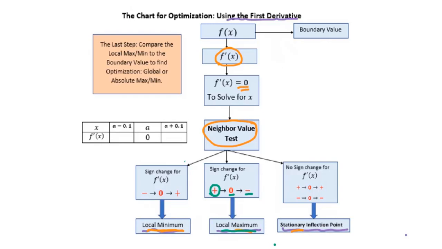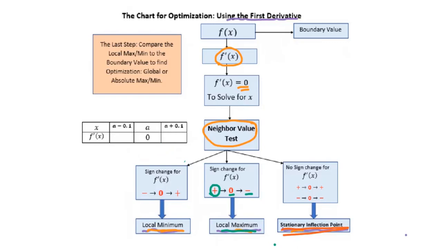If both are positive, the graph looks like this. You could say it's increasing, then you get a point, then increasing again. So basically, you could draw the graph like this. And we call this point a stationary inflection point, SIP.